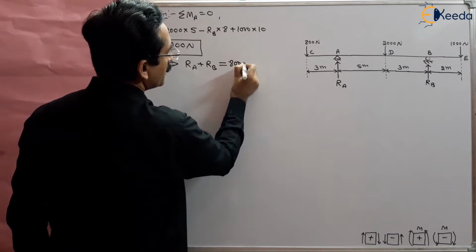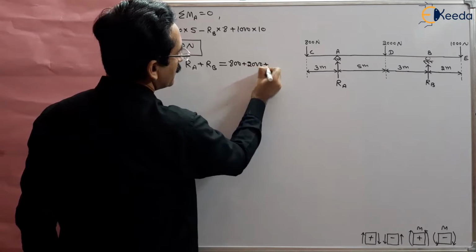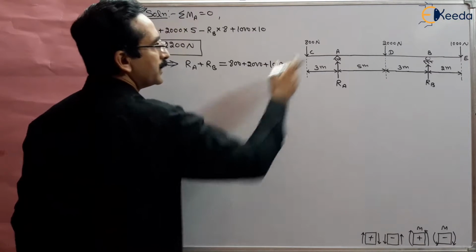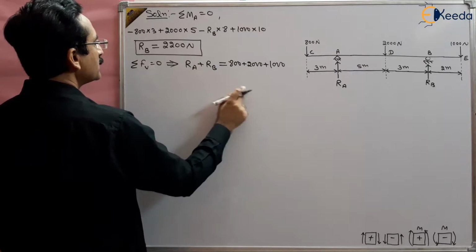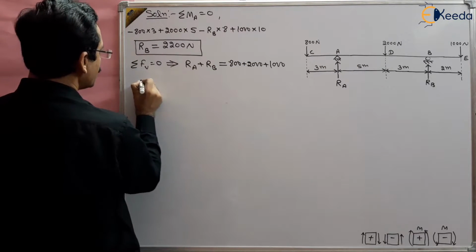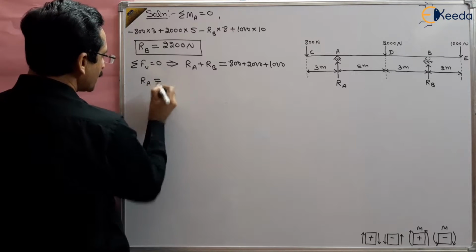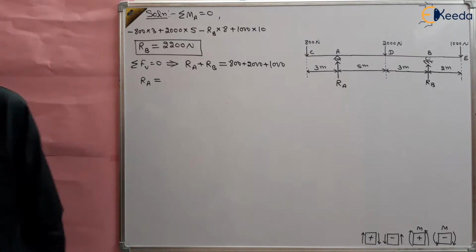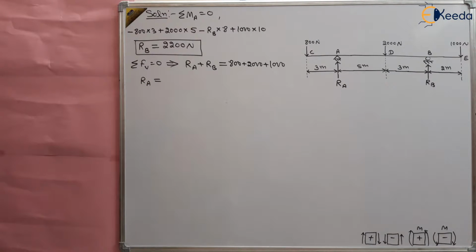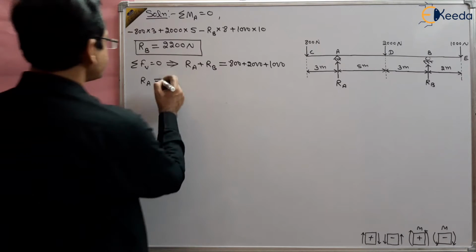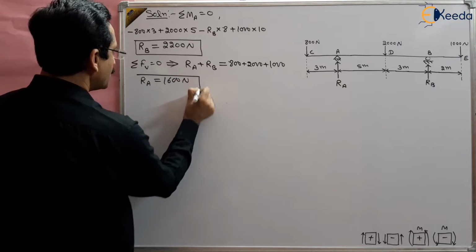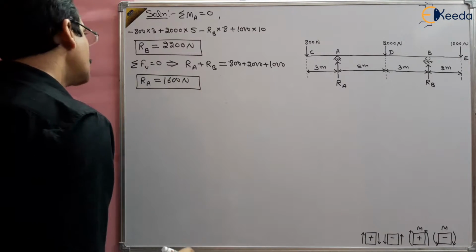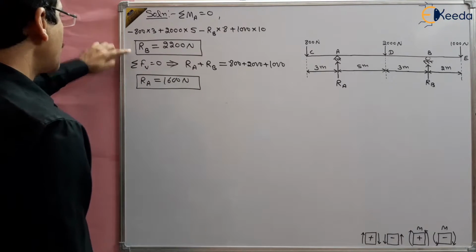From here, put the value of RB and get the value of RA. So RA will come out to be 1600 Newton. So this is the value of RA. So we have obtained the value of RB and RA.